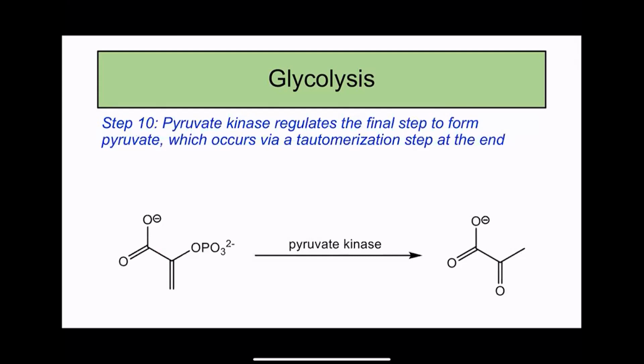And then your last step, oh shoot, I skipped it. Your last step uses a tautomerization and gets rid of your phosphate. Okay, cool. That was like a speed run through glycolysis. It was very interesting for all of us. All right. Are there any questions on glycolysis?